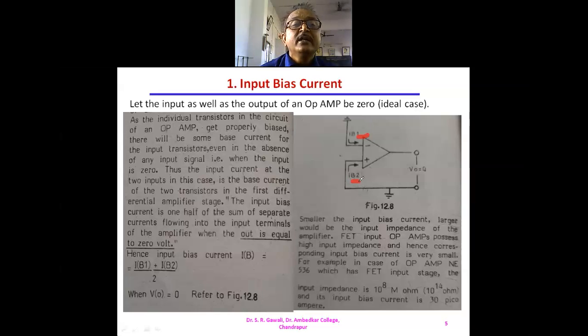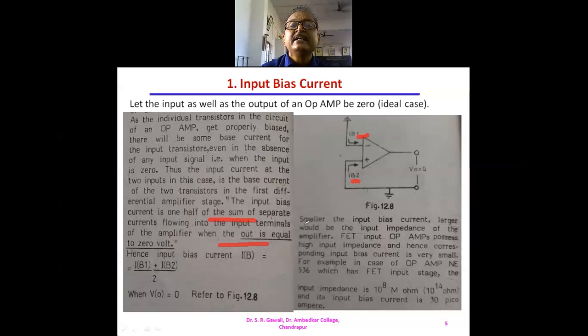So the input bias current is the 1/2 of the sum of the separate input currents flowing into the input terminals of the amplifier when the output is equal to 0. आउटपुट जब 0 रहेगा उस वक्त जो इनपुट करंट फ्लो हो रहा है उन दोनों का सम, दोनों इनपुट करंट का सम IB1 एंड IB2, and half of that is nothing but the input bias current.